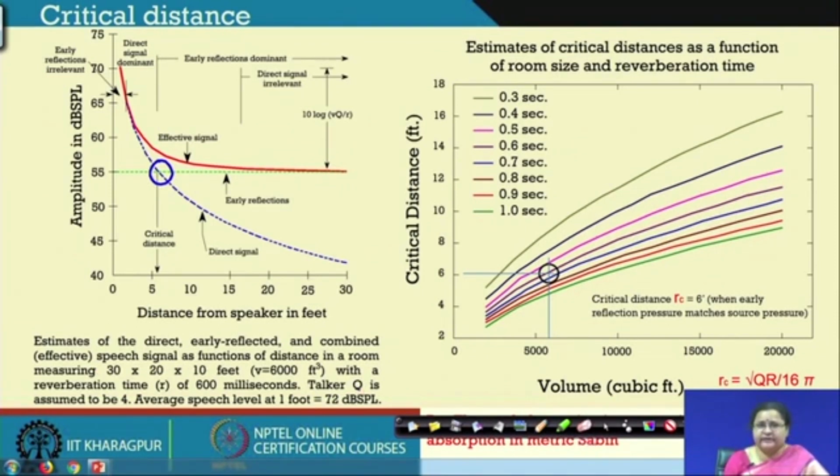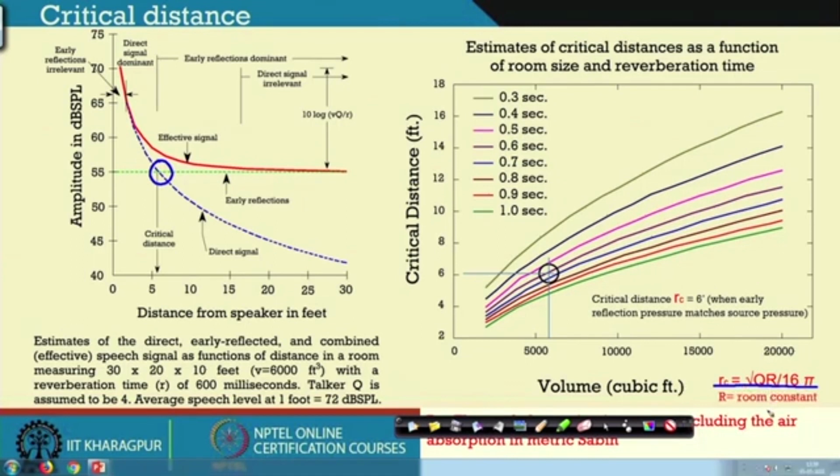So, we have the equation over here, that the critical distance is a function of the Q, that was the impression which we started with, then the R, which is the total amount of absorption within the room, big R, under root, divided by 16 pi, which is called the RC, or the calculation for the critical distance.